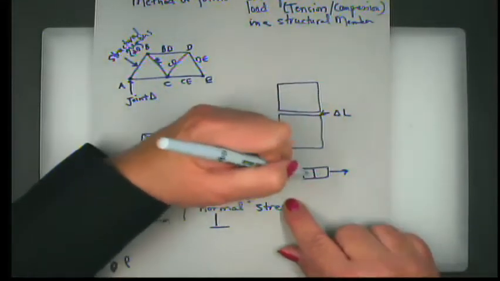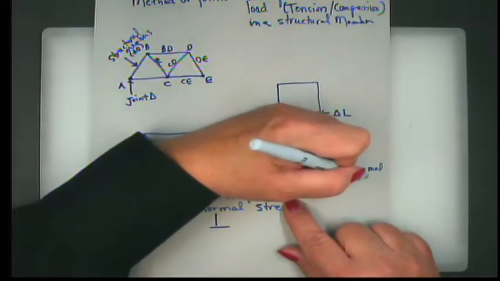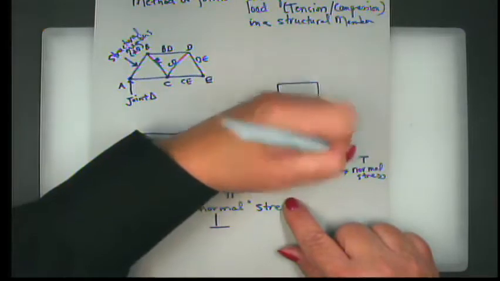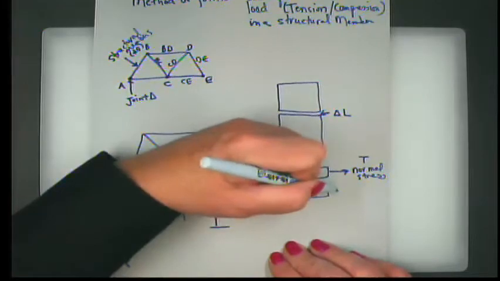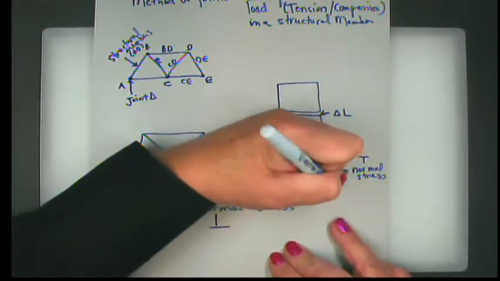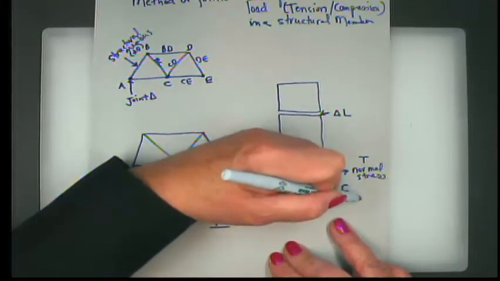And that is referred to as a normal stress. And if it's pulling, that's referred to as tension. If we have something that's being pushed upon, once again, that is still a normal stress, but it's compression.